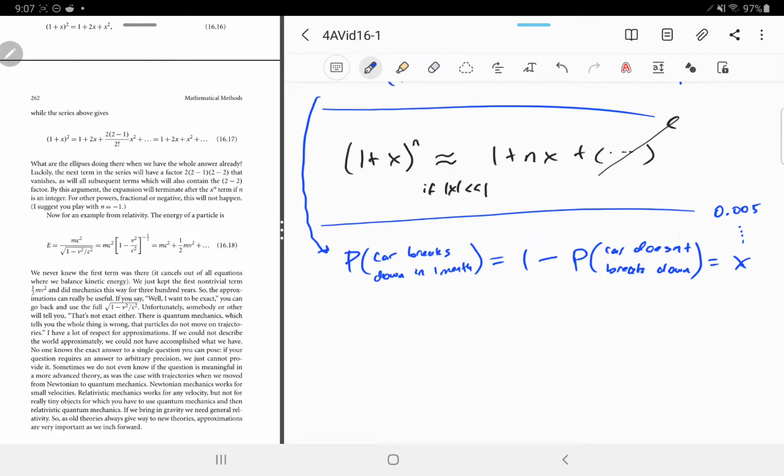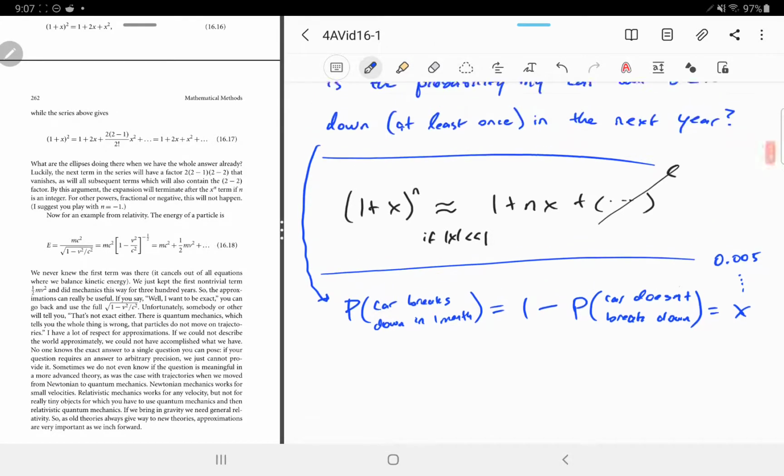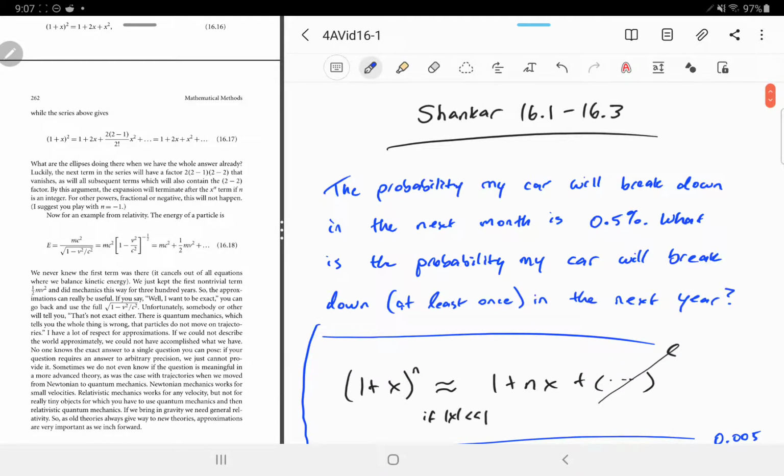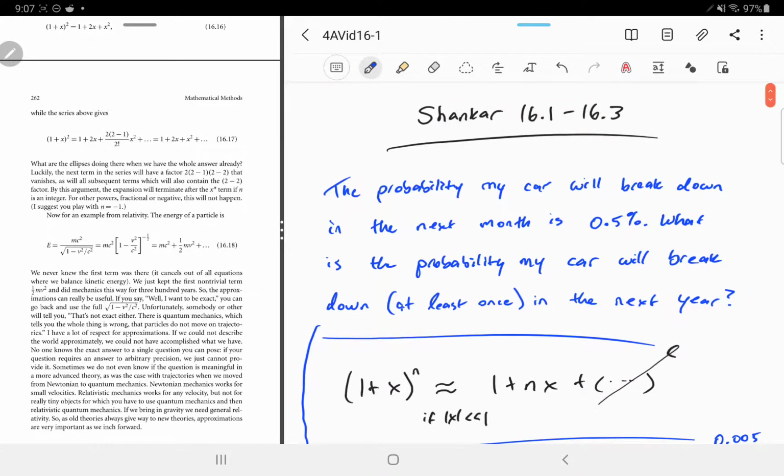So this involves the probability that the car breaks down in a year. I don't really care if it breaks down once, twice, 3 times. We just want to know if it breaks down at least once.